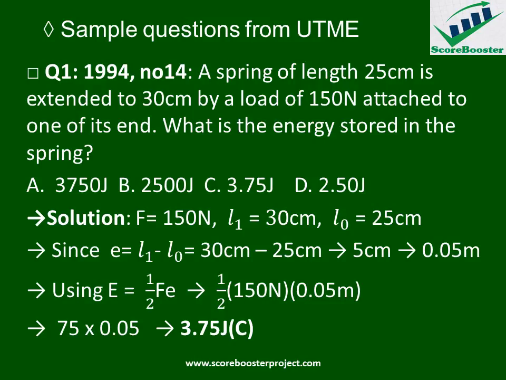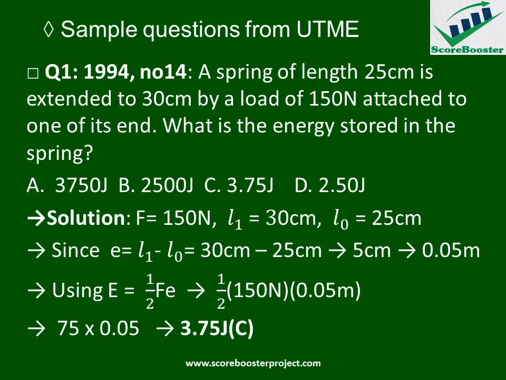From this, we can calculate our extension. You can recall, in our video 40, we said extension is the difference between new length and the natural length of an elastic material. So in this case, our extension E will be L1 minus L0, which is equal to 30 centimeter minus 25 centimeter, and of course that will give us 5 centimeter.